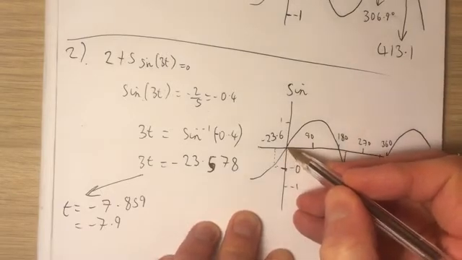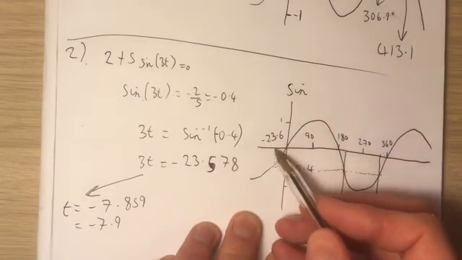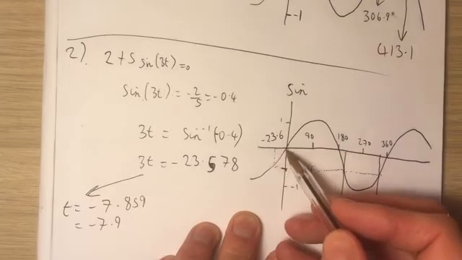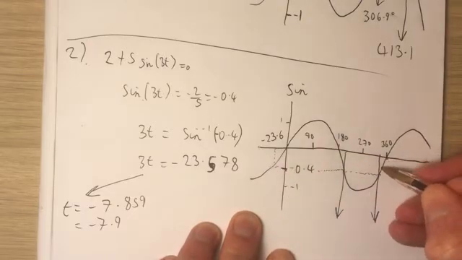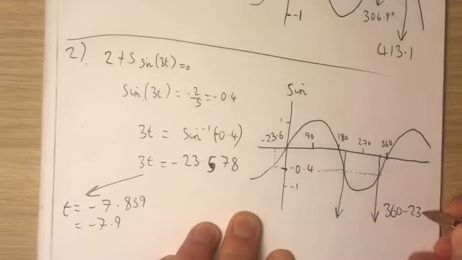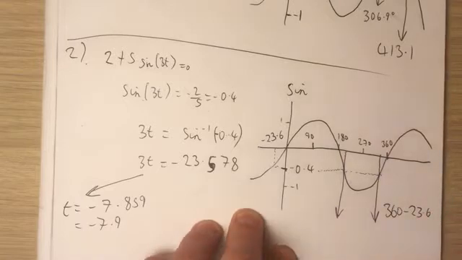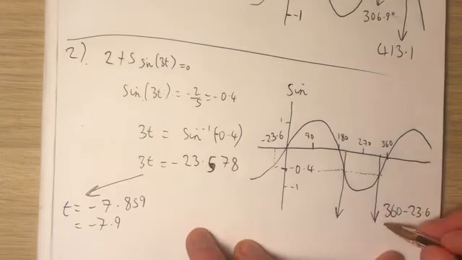Here I'm going from the middle downwards. So I need to go 23.6 degrees that way to get down this far. From starting here, I have to go 23.6 degrees this way to get down this far. So essentially it'll be 360 take away 23.6. You could use this exact answer really if you wanted to, that would be better. 360 take away 23.578.